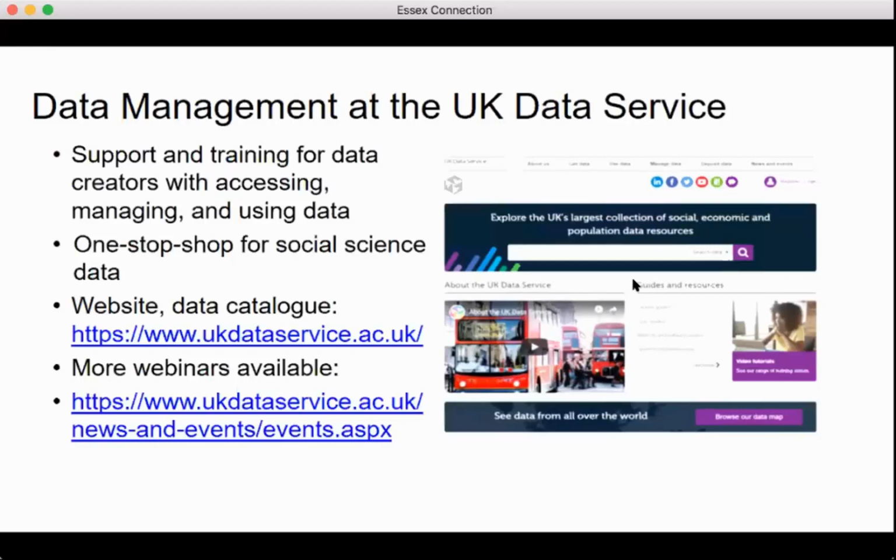This is delivered by staff based at universities across the UK, including Essex, Manchester, Leeds, Southampton, Edinburgh, and UCL. The UK Data Archive here at the University of Essex manages the UK Data Service, and we also archive the data. I included here a link to the website and our data catalog, so that is where you can search for keywords of data that you're interested in accessing.